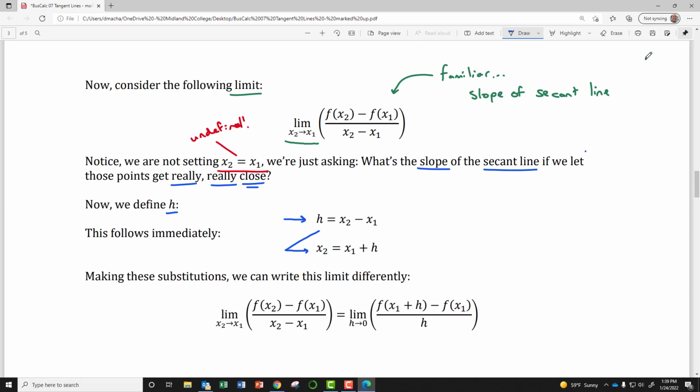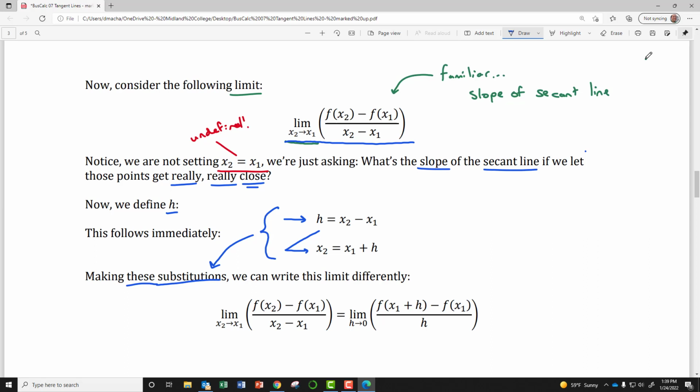And what I want to do now is start with this limit and then make these two substitutions. We can write this limit a little bit differently. Where I have x2 approaching x1, that's the same thing as saying the difference of x2 and x1 is going to 0. So that's the same thing as saying h is approaching 0. So now we can say we're taking the limit as h approaches 0.